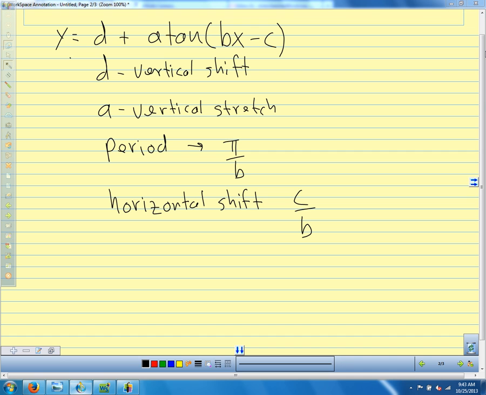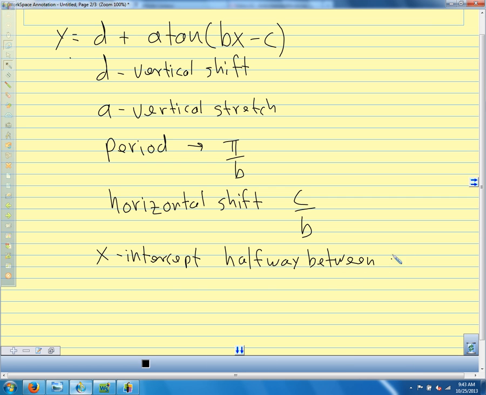Our intercepts. We're going to find an x-intercept halfway between the asymptotes. And we're going to use our stretch.